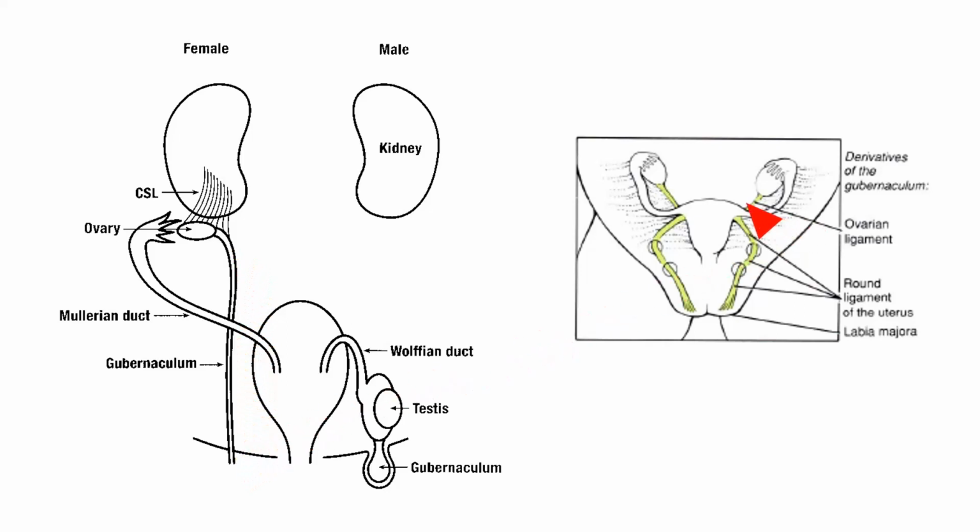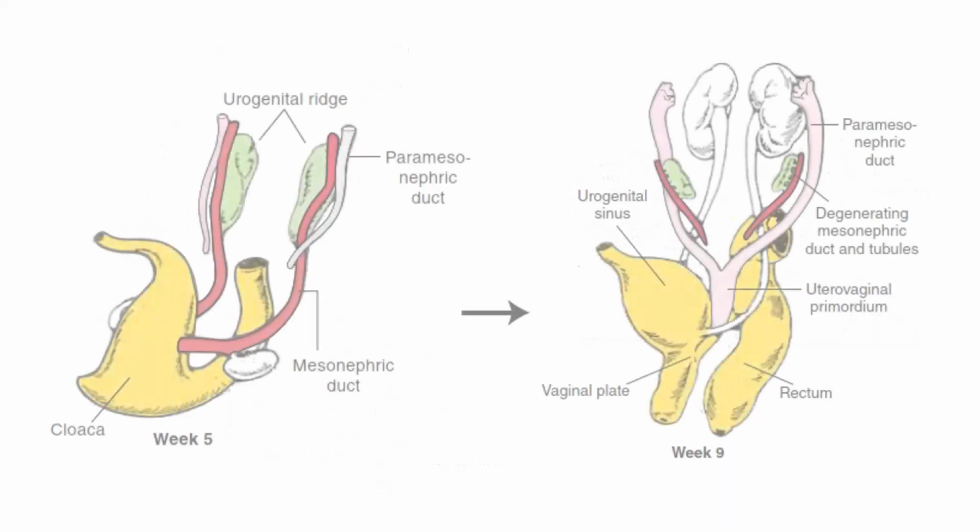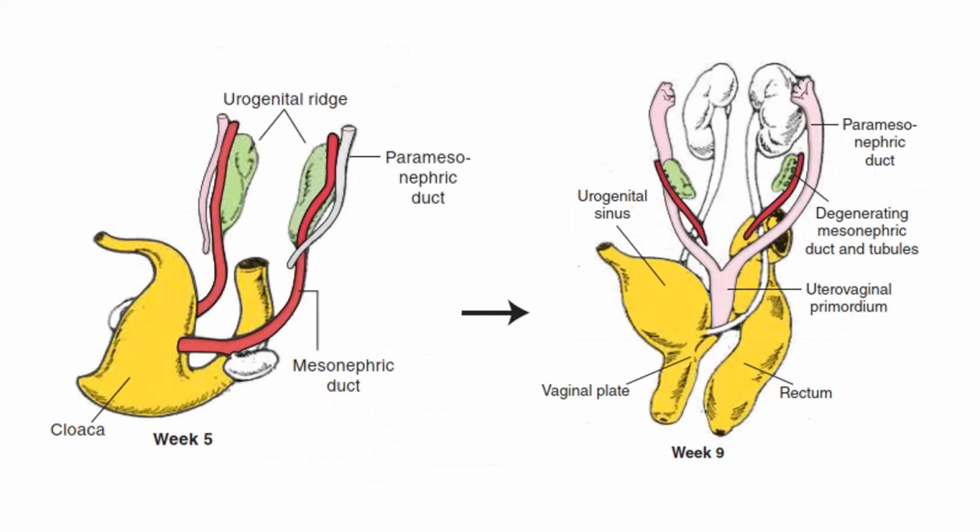But the gubernaculum actually gives some derivatives, which are the ovarian ligament and the round ligament of the uterus. Also, the peritoneum evaginates alongside the gubernaculum to form the processus vaginalis, which is obliterated in the female later in development.